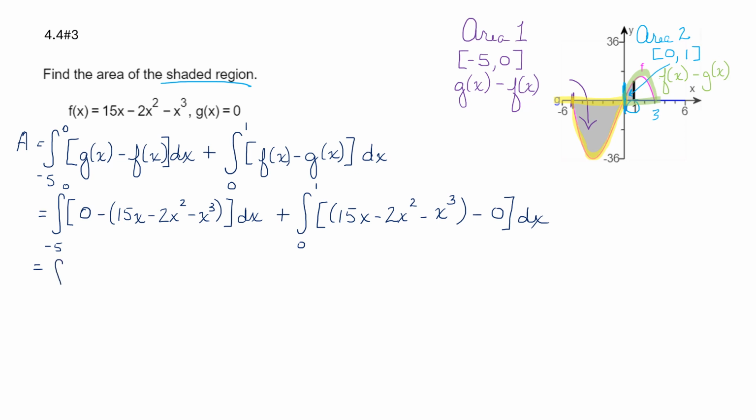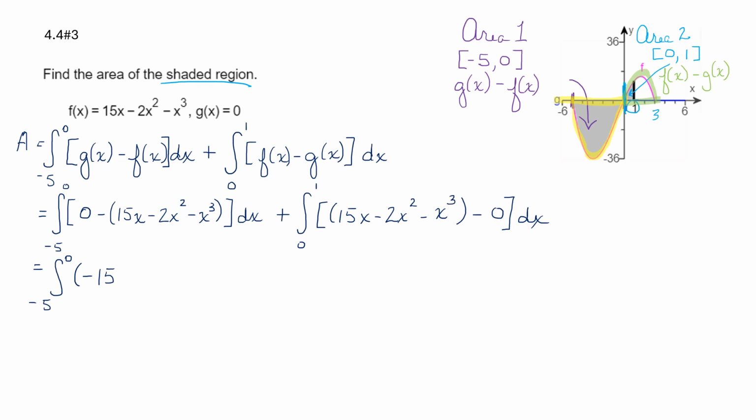Now, as I said, I'm going to say it again, I'm writing everything. So at this point, I'm saying 0 minus everything in that parenthesis, and so in area 1, when we subtract that, it's going to distribute the negative.